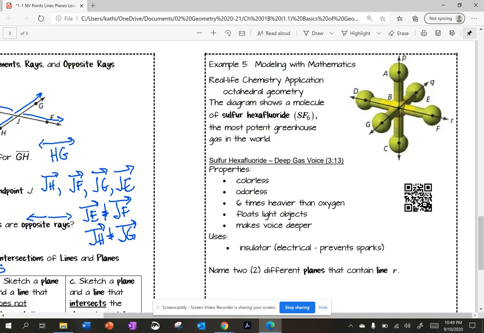The properties of this gas are it's colorless, it's odorless, it's 6 times heavier than oxygen and floats light objects, and it makes your voice deeper. Use this QR code and you can go listen to and see a short video on it. What do we use this for? It's an insulator for when we are making electronic devices like your cell phones.